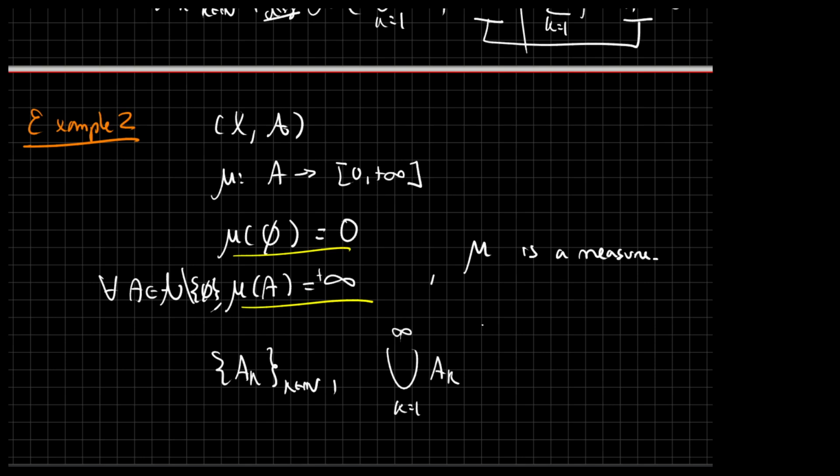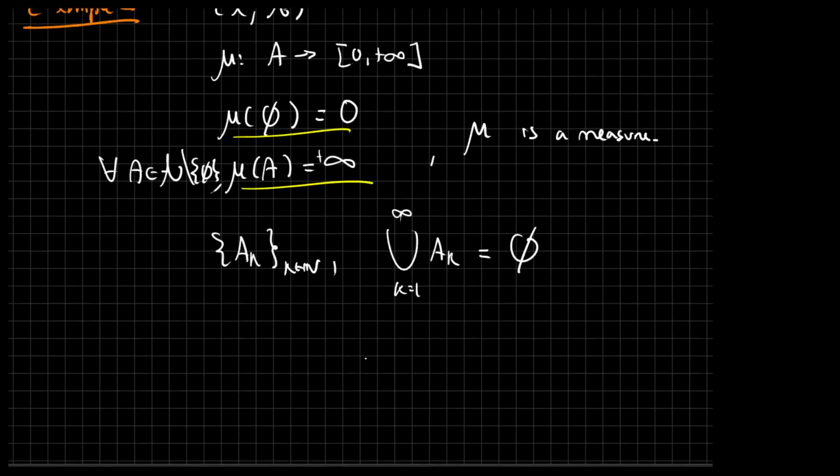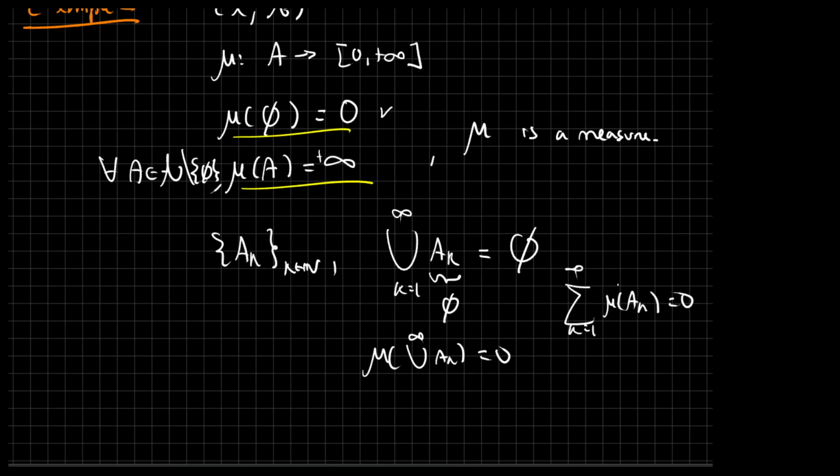If this countable union is equal to the empty set, then each element is equal to the empty set. So the value of this union will be 0 because this is the empty set. Check mark here. And on the other hand, the value of this series will also be 0 because each term is equal to 0, because each A sub k is the empty set. So they are equal, and that makes it additive.